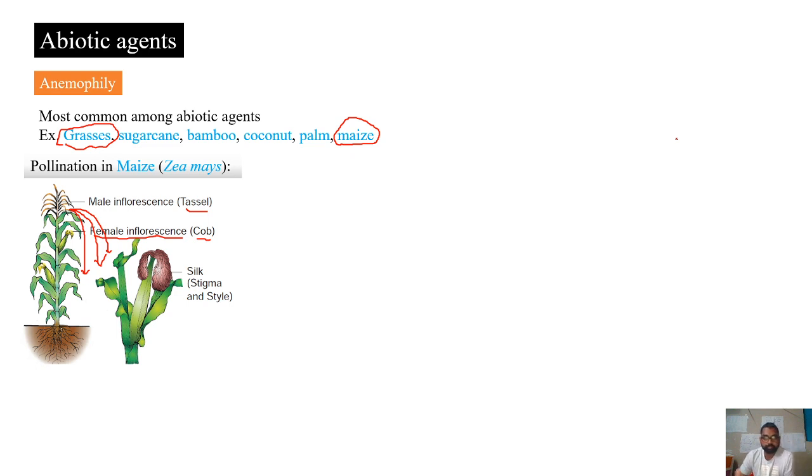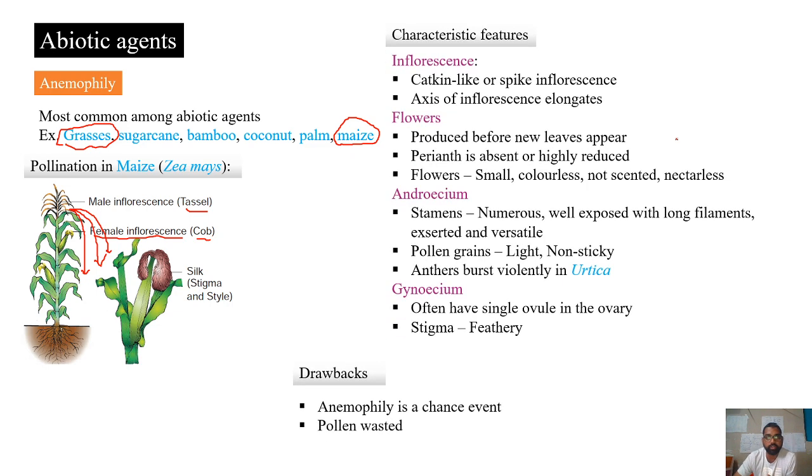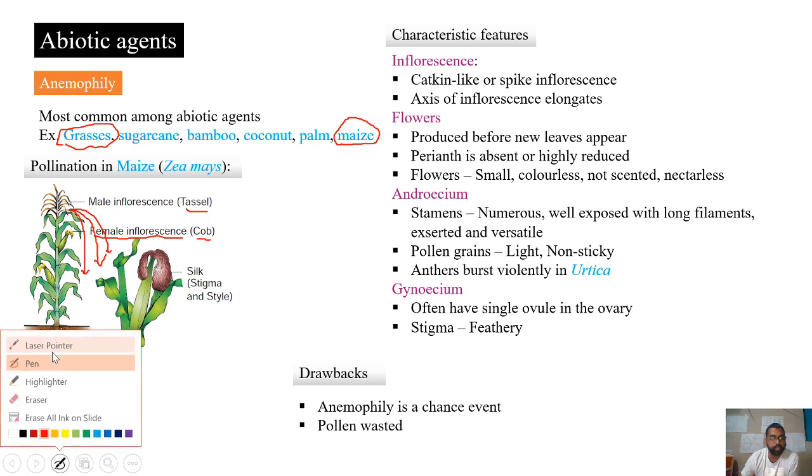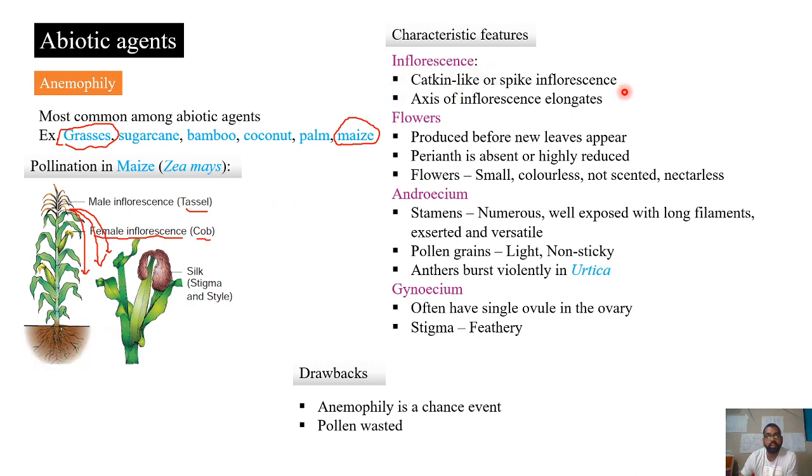For this anemophily to be achieved, the flowers or the plant should have certain characteristics. So we'll look into the characteristics of these plants. The first thing is the inflorescence. In anemophilous plants it will be catkin-like or spike inflorescence, and the axis of inflorescence is usually elongated.